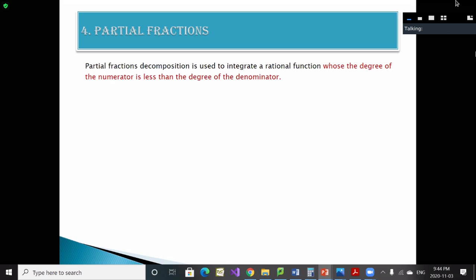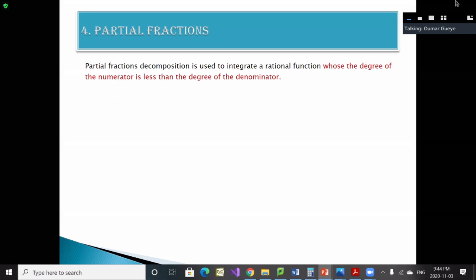Now, if the first condition is satisfied, here is the second condition in red color. The second condition says the degree of the numerator should be less than the degree of the denominator. So you have to verify that.